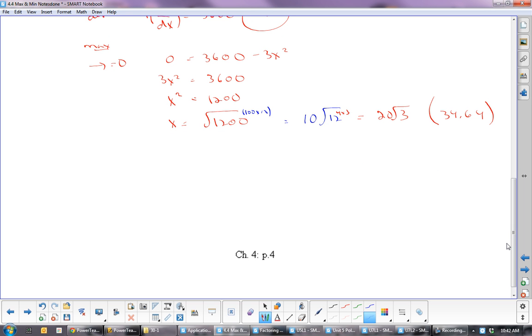So V equals, it was x, which is 20 root 3, times 3600 minus 20 root 3 squared all over 4. And if you put that in, you'll get 20,784.6 centimeters cubed.